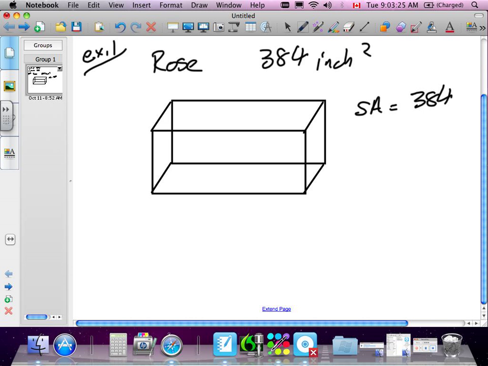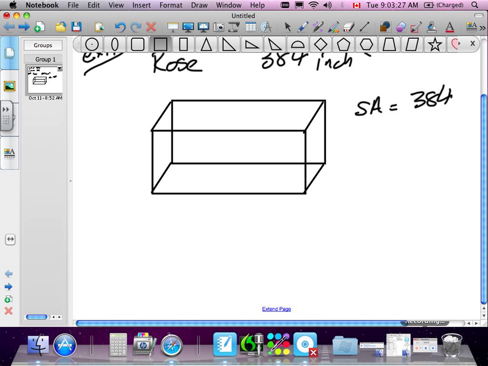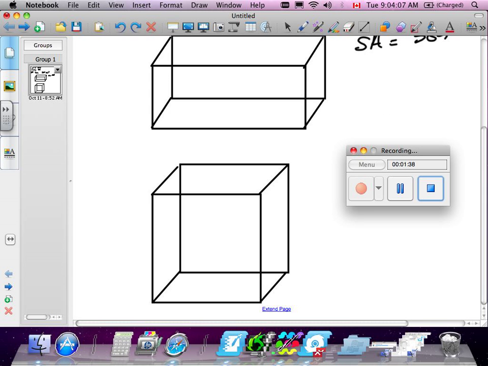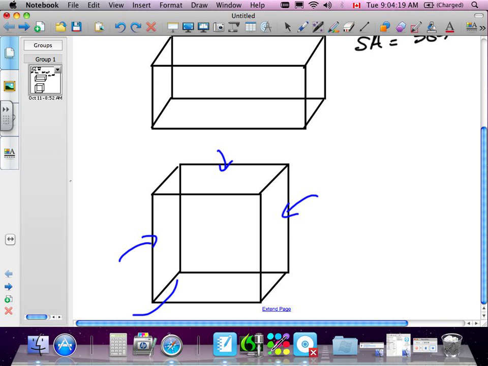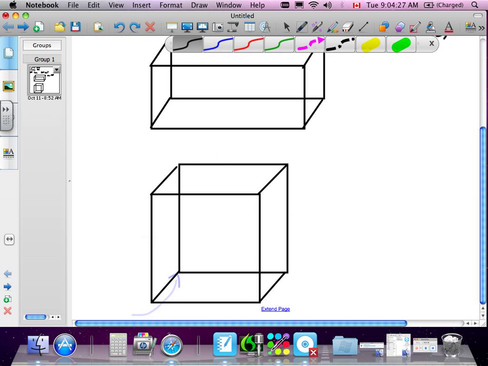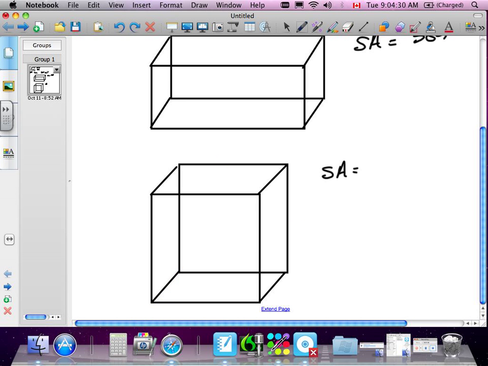Okay, so we have our cube, and I need a formula for the surface area of a cube. I know that every side of this cube is actually going to have the same area, no matter which one we point to. They're all squares. So the surface area of this cube is going to be equal to one side multiplied by another side times the total number of sides.